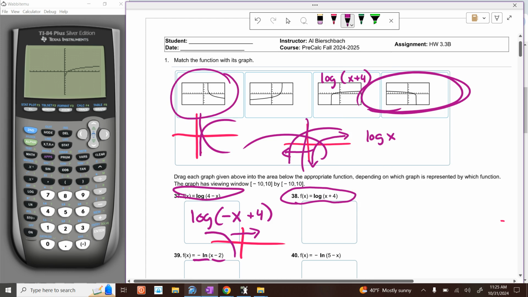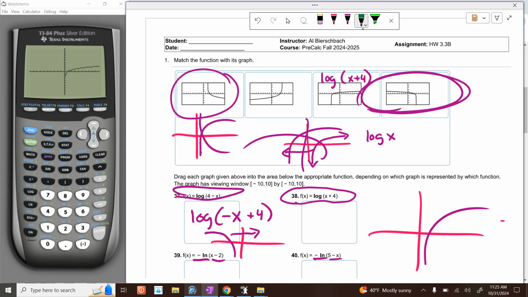Okay? And then negative ln of x, 5 minus x. Okay, you take the normal ln of x, looks like this. So then you flip it over the x-axis, and it looks like this.